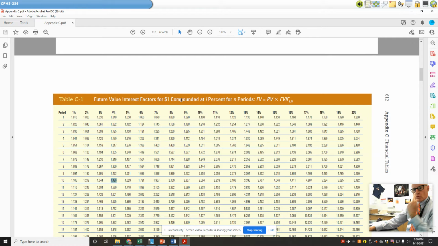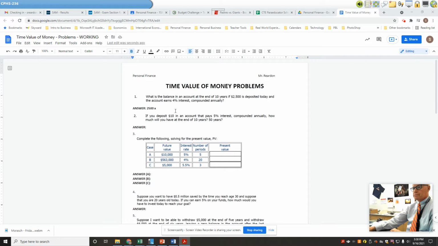Single investment, what's it going to be worth in the future? 4% at 10 years is 1.48. 2,500 times 1.48 equals 3,700. So our $2,500 investment is going to grow to that.